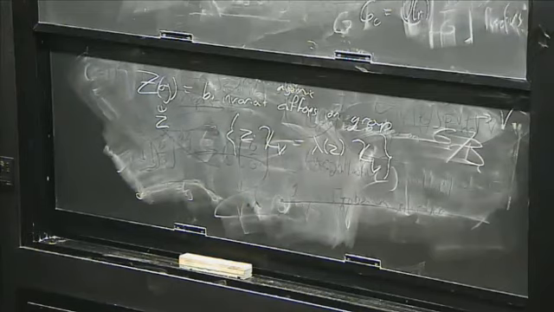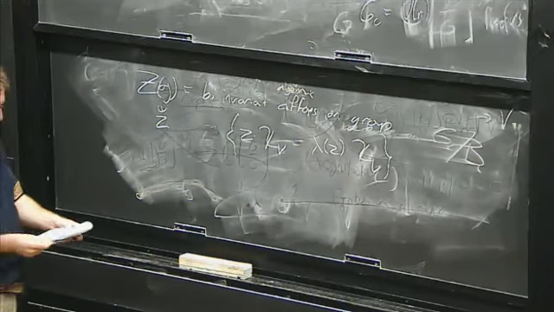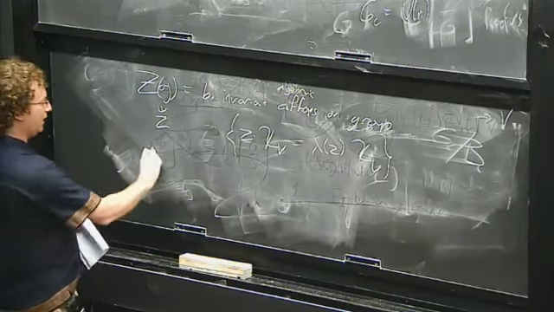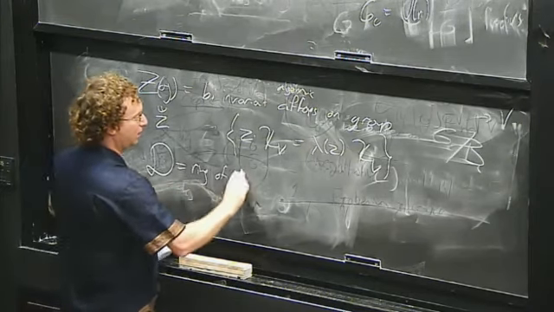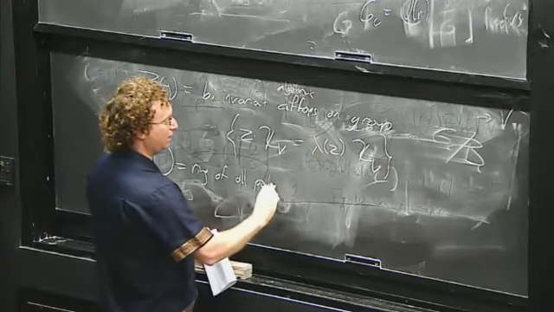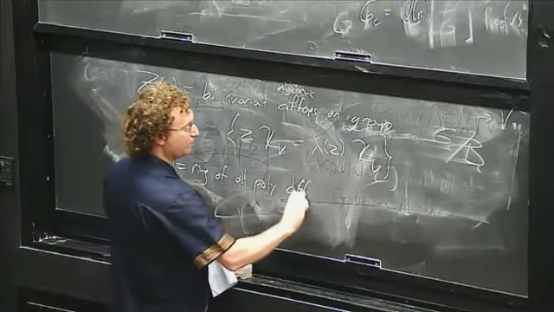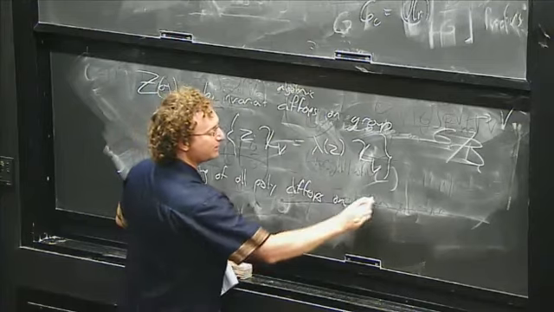Or let me write it slightly more abstractly, since it will be useful. Let's introduce the ring D of all polynomial or algebraic differential operators on the group.